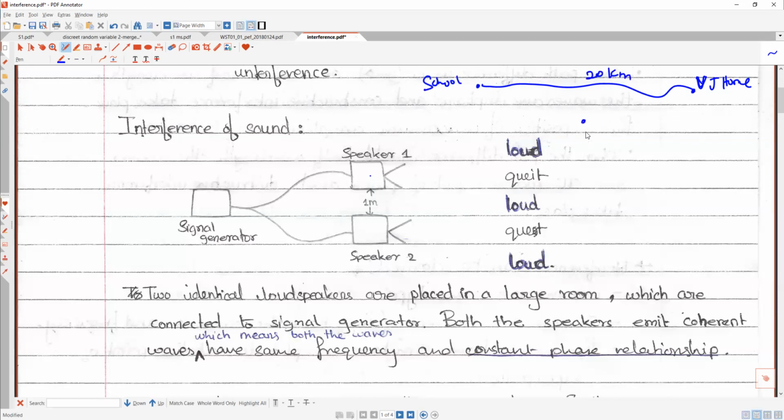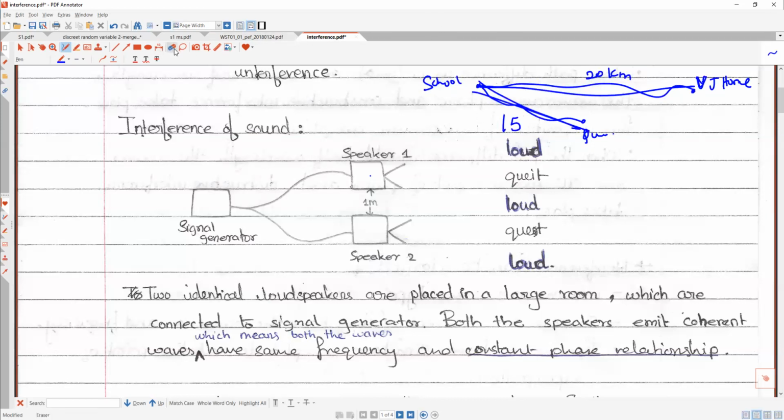Another guy lives in, let's say, Kurum, and from Kurum it's 15 kilometers. What's the difference in their path? It's 5 kilometers: the distance from here minus the distance from there. This is what we call path difference.